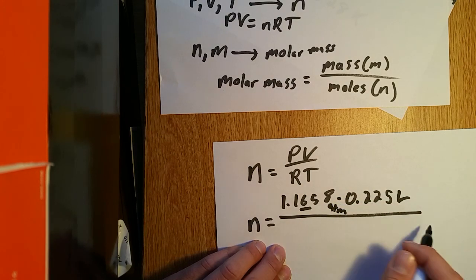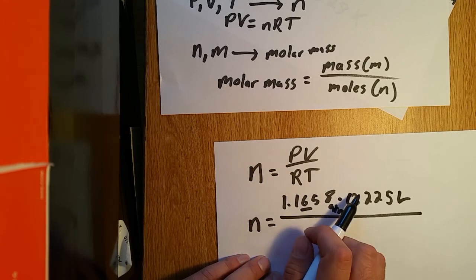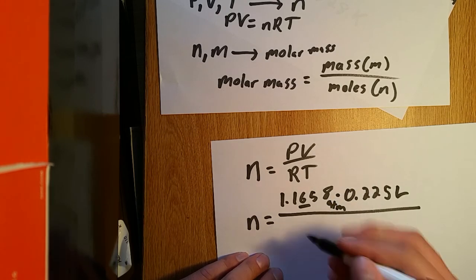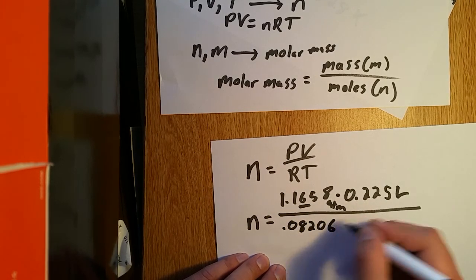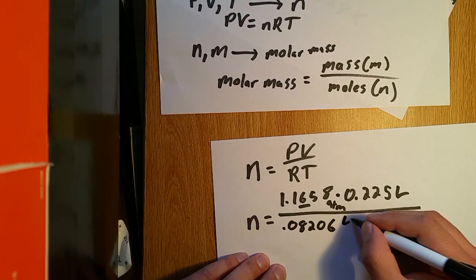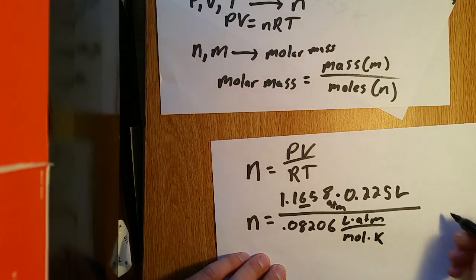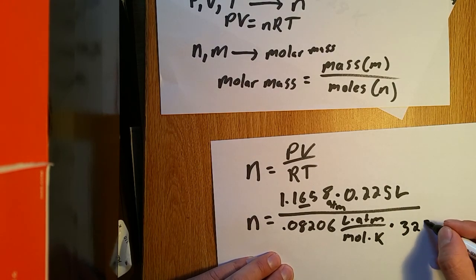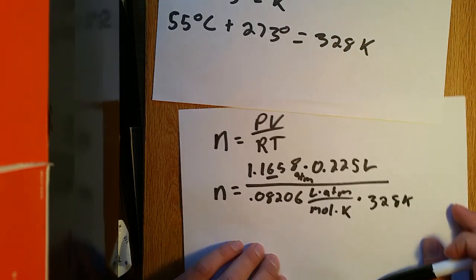Remember to keep your units. Then R is our gas law constant, 0.08206 liters times atmospheres over mole times Kelvin. We multiply that by our temperature, 328 K, which we calculated earlier.